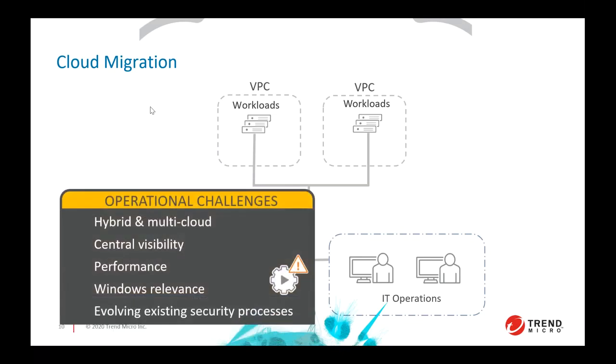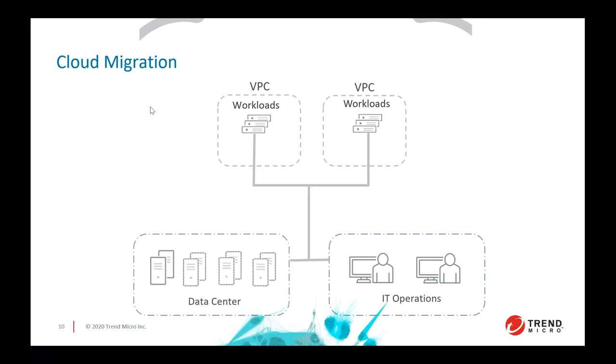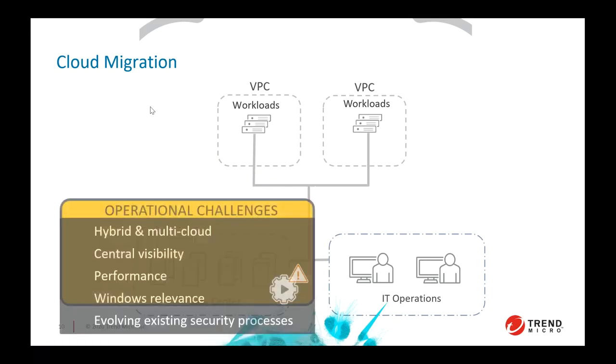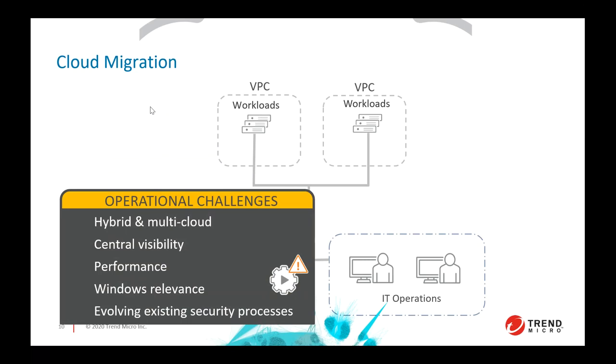So, what are all the operational challenges in the cloud migration? Centralized visibility, hybrid and multi-cloud challenges will be there. Performance will be there. Windows relevance and evolving security, existing security processes. So these are all the operational challenges when it comes to the data center to cloud migration.